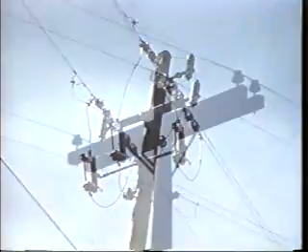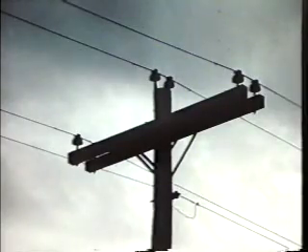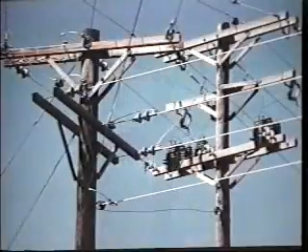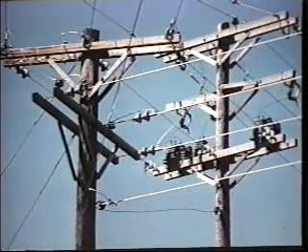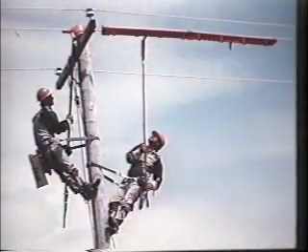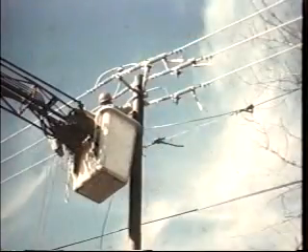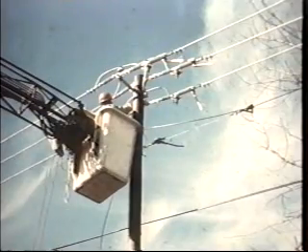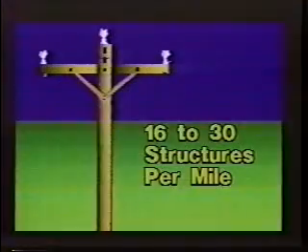Overhead line construction practices can be simple or very complex, varying considerably with individual utility standards. Affecting the exact construction materials to be used on an individual distribution pole are voltage level, number of circuits, conductor size, span length, wind and ice loadings, terrain, load locations, and population density.